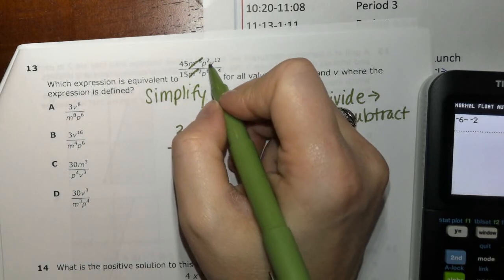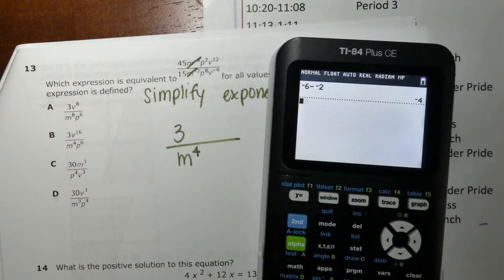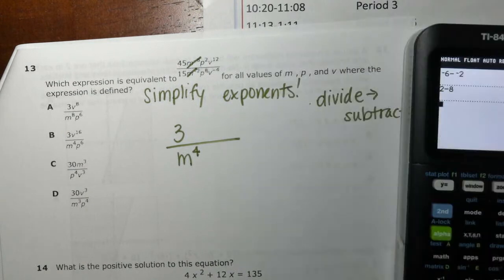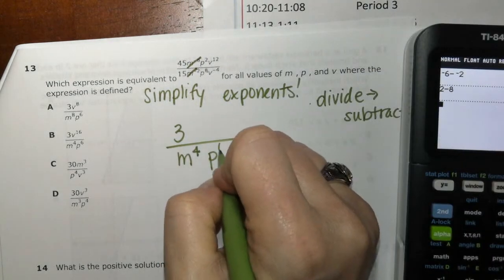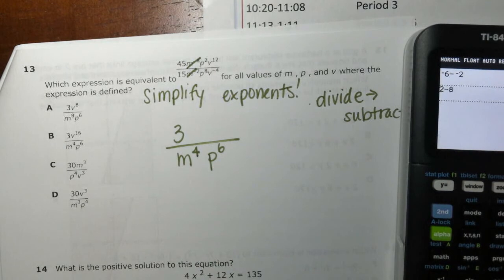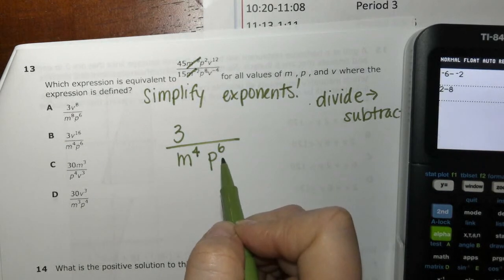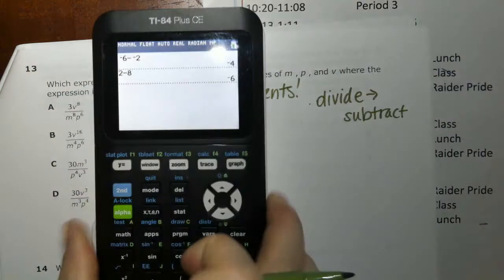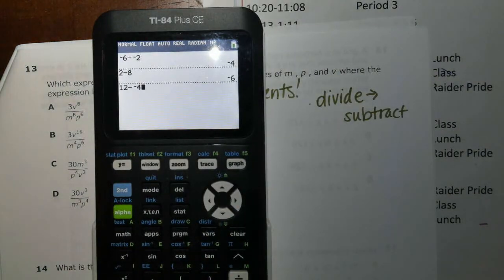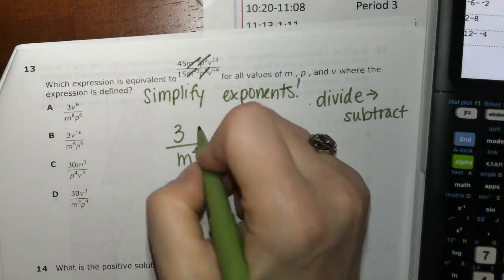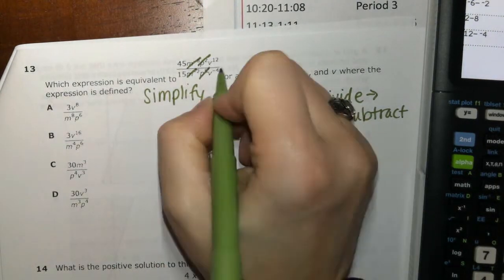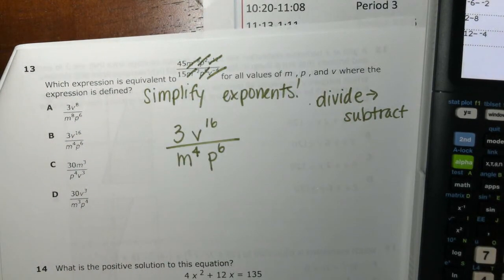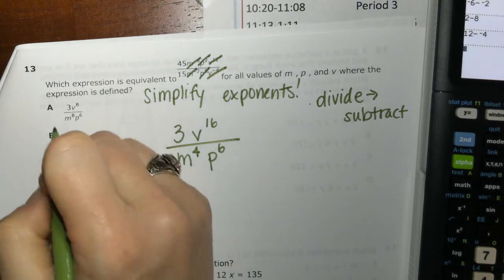Next is your p's. 2 minus 8 is negative 6. So again, the p's are going to be on the bottom as well. When we put them on the bottom, it makes them positive. So we're done with that. And then 12 minus negative 4 is 16. So that gives us a v to the 16. So it looks like the answer is B.